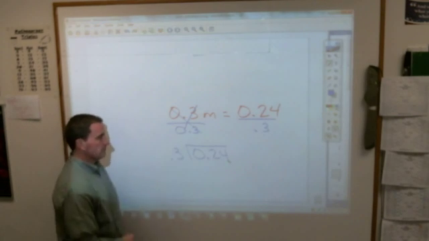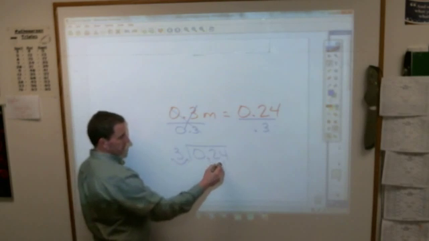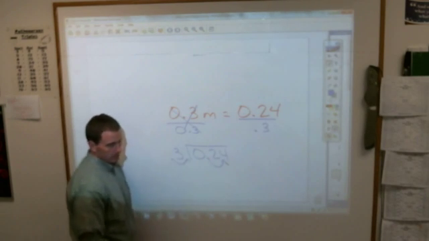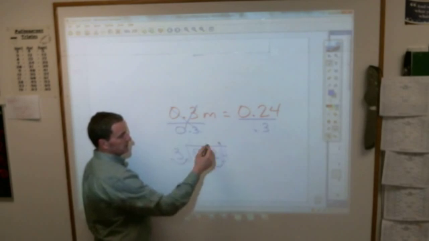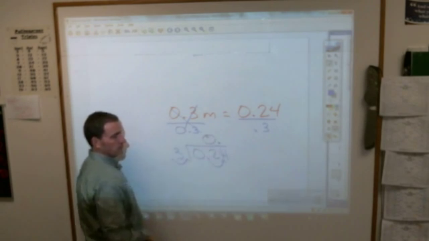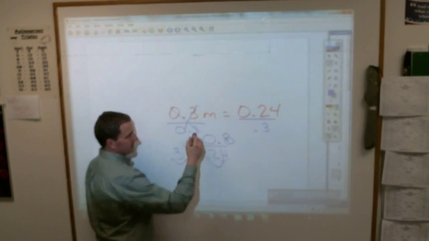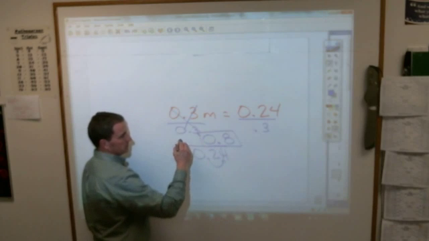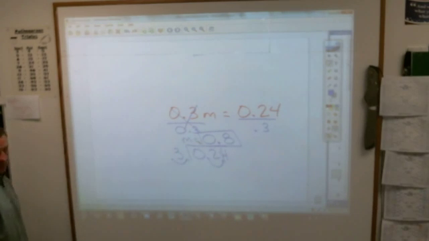Move the decimal over how many times. Move that so it's out of there. Then once I do that, Jaden, I bring up the decimal. It should go right there. 3 doesn't go into 2, so there's no number over top of that 2. 3 goes into 24 8 times. So this is what the letter m equals. M equals 0.8.